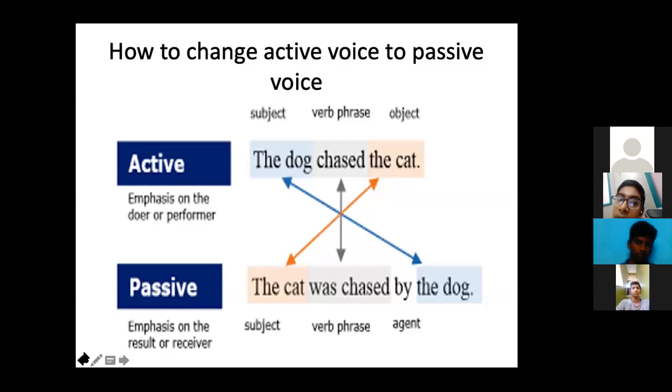There is F. Change the following sentences to the other voice. So first we are having a set of 10 questions in this exercise. That is in F on page number 14. That you have to do. And then a lot of explanation about the transformation of active voice to the passive voice is given on page number 15.